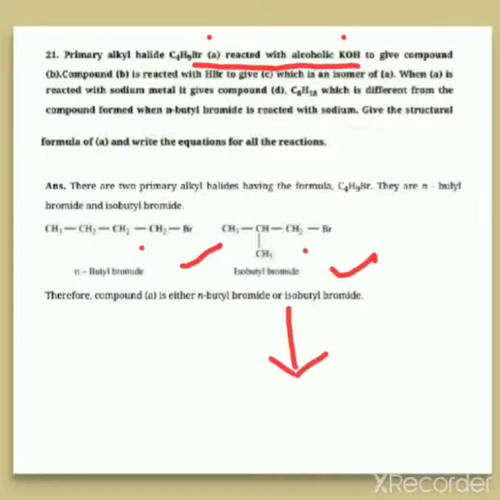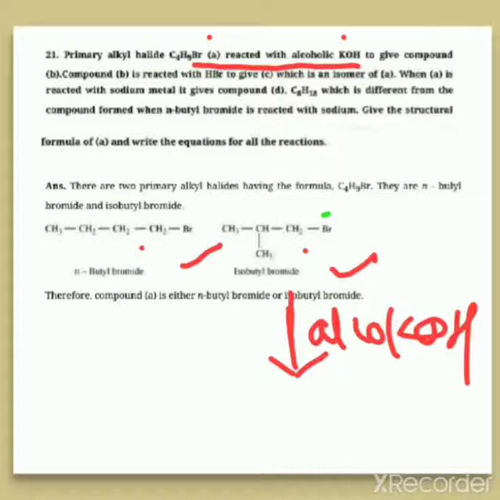Alcoholic KOH brings about a beta elimination reaction. Beta elimination means that when you treat this with alcoholic KOH, there is removal of the halogen group and a beta hydrogen. This is alpha, this one is beta.